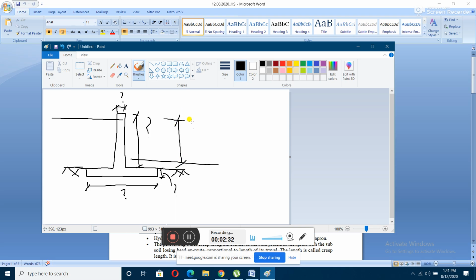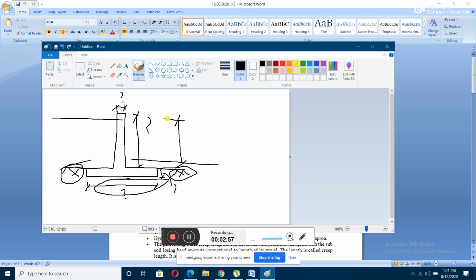On the basis of that, and also the adjacent soil properties, there are soils here, we have to determine these four values: this thickness, this length, the floor length and the floor thickness. If you can determine those four values, then we can design the weir accordingly.